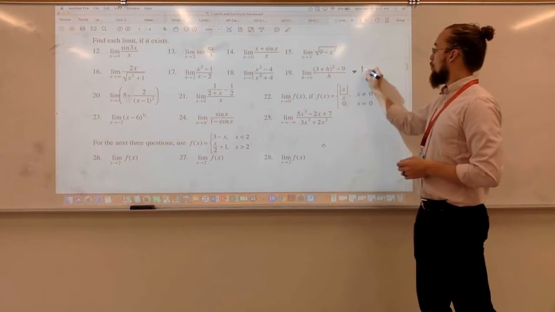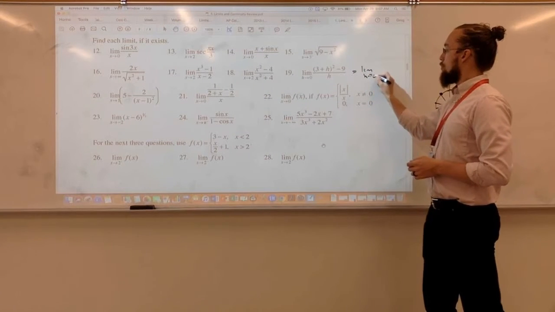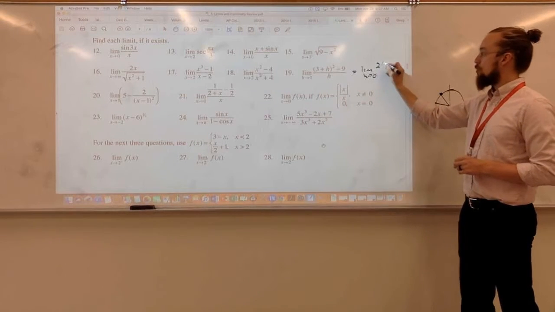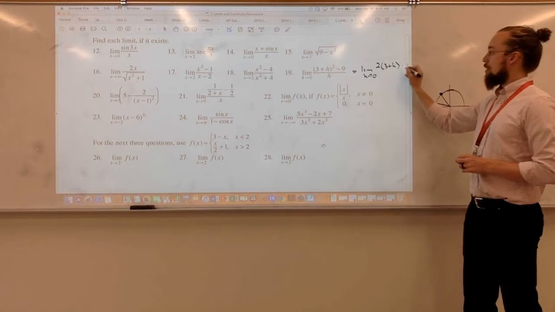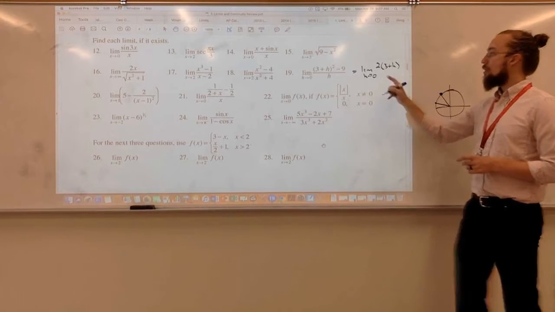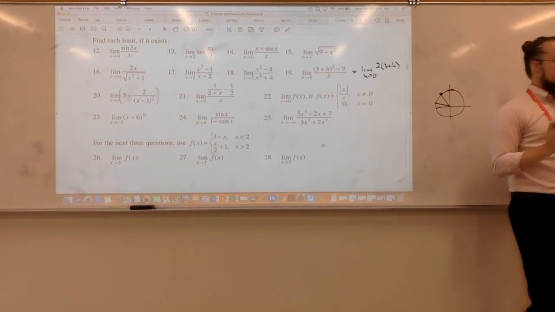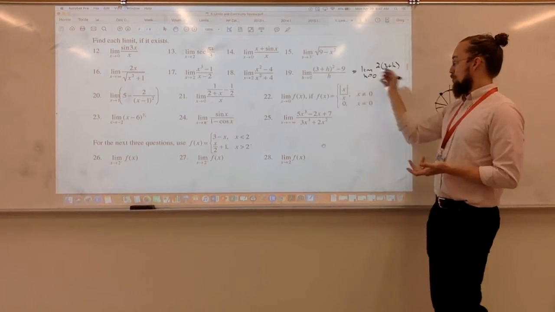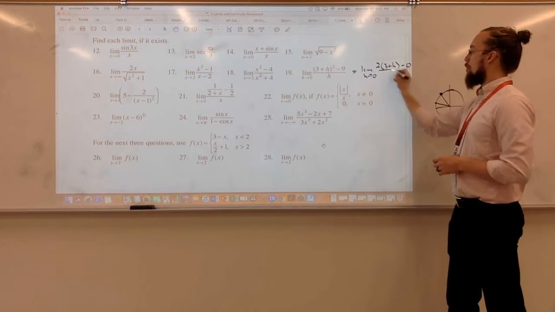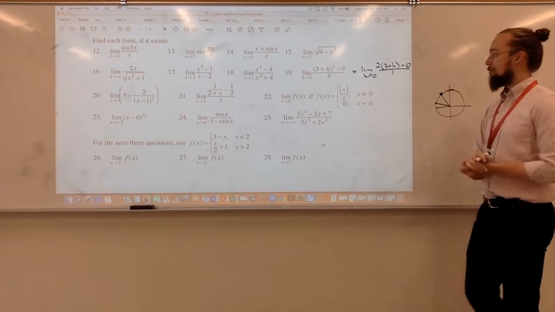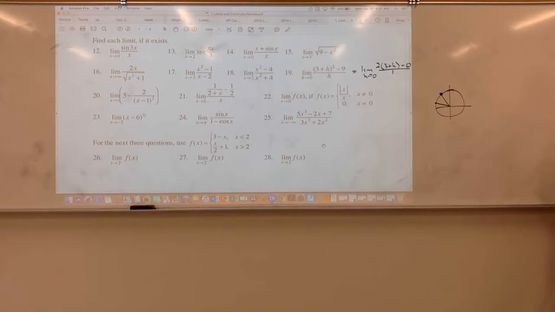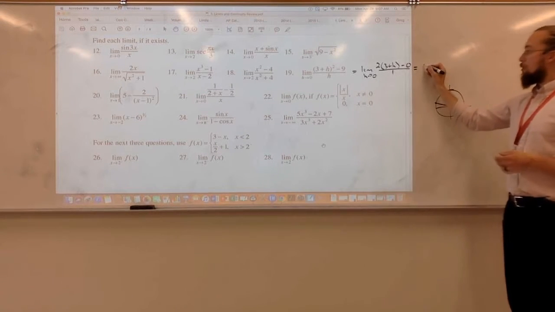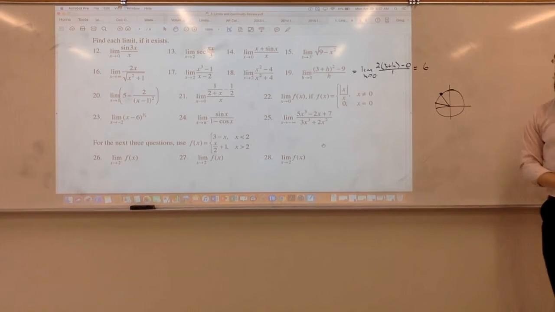This would become the limit as h approaches 0 of, the derivative would be 2 times 3 plus h to the first power times the derivative of the inside, which is just 1, minus 0, since the derivative of 9 is 0, over 1. Now we can plug our value back in, and we would get 2 times 3, which is 6.